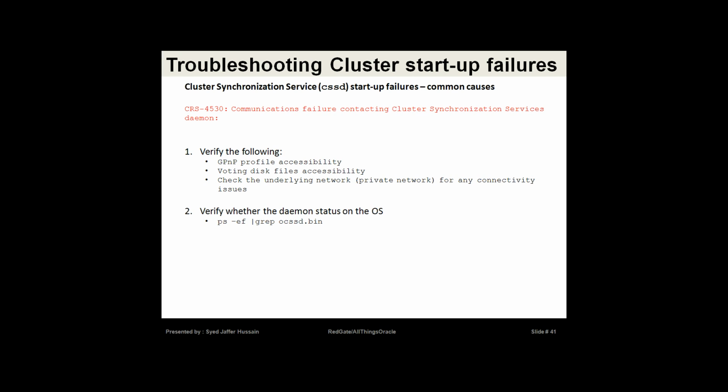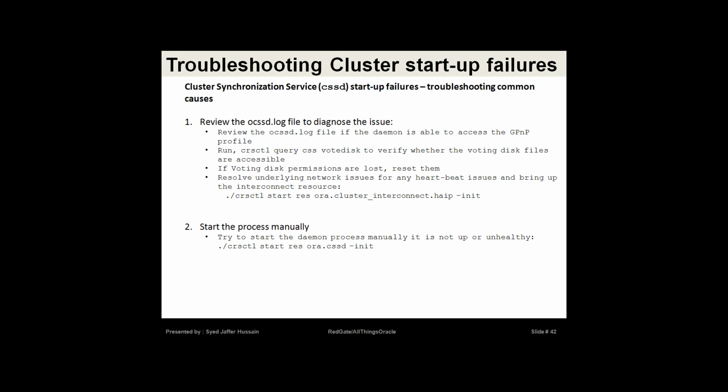And also, as I told you, you will have to check for the OCSSD daemon existence on the node. For that, you can execute the command ps -ef | grep ocssd.bin. How do I troubleshoot these common issues?